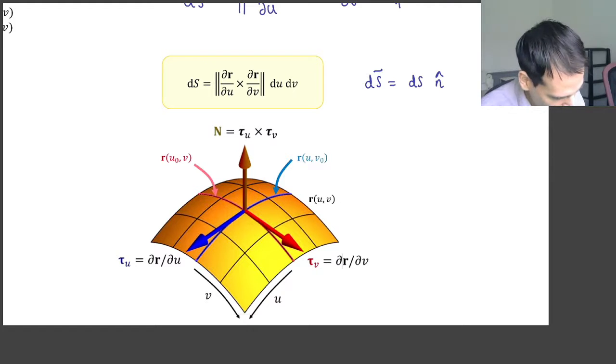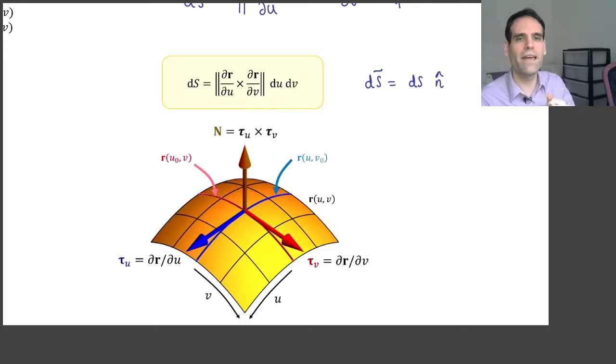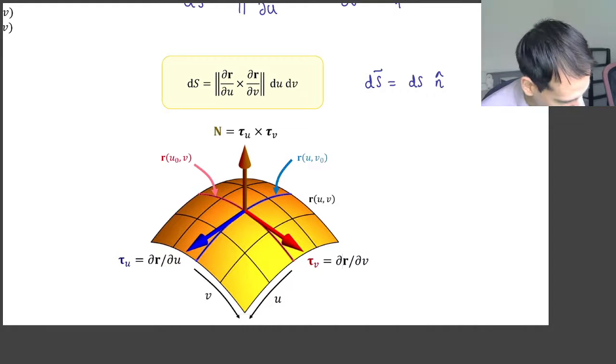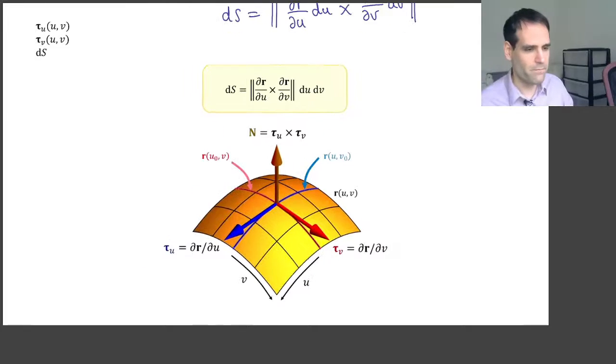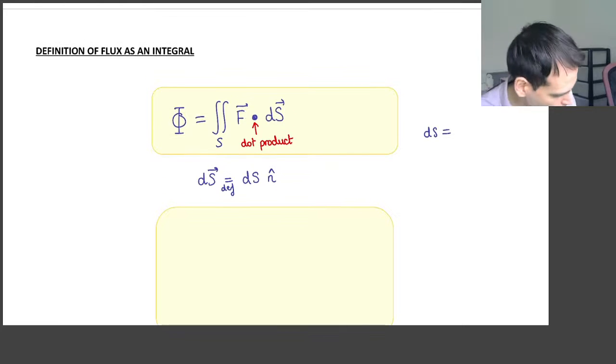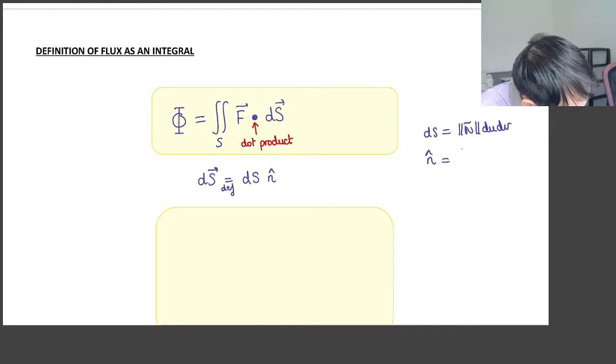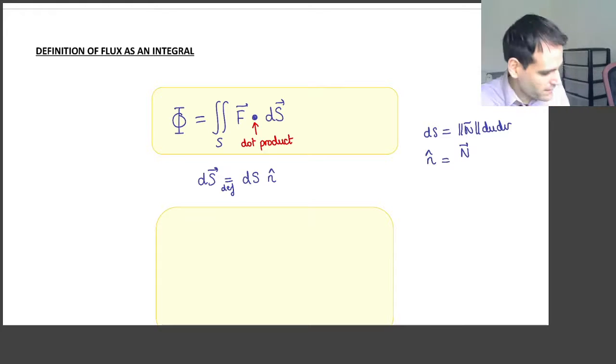So this is great news, because it means that to calculate dS as a vector, we just have to remove the calculation of the norm, so that we leave the direction of n. Let me justify that mathematically instead of doing an argument. So if we say that dS was equal to the norm of the normal vector times du times dv, that was the definition of dS. But we will also say that n hat, which is a unit vector perpendicular to the surface, we could very easily define it as the normal vector n divided by the length of the normal vector n, so that it is a unit vector.